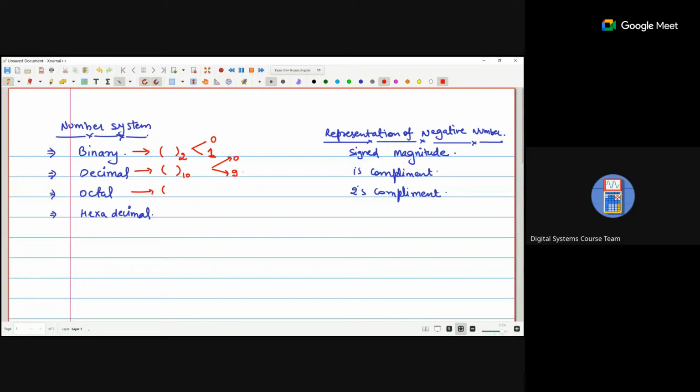In the case of octal, base 8 is possible and the values are from 0 to 7. In hexadecimal, base 16 is used and the values are from 0 to 9, then 10 is represented as A, 11 as B, 12 as C, 13 as D, 14 as E, and 15 as F. So from 0 to 15 will be represented.